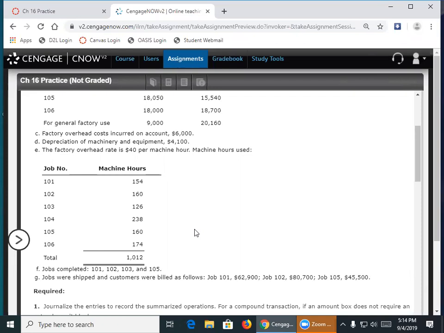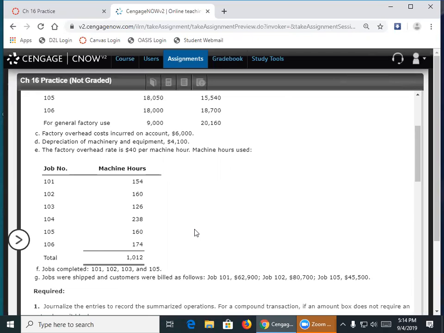So how much applied overhead do we have? 40,480. Perfect. So that's a work in process for applied overhead, and then that gets credited to our factory overhead. Why do we credit factory overhead on that?